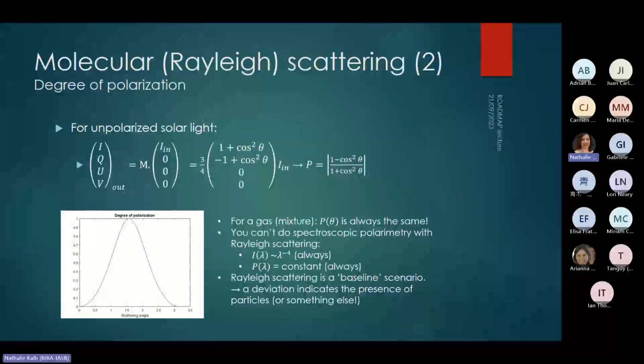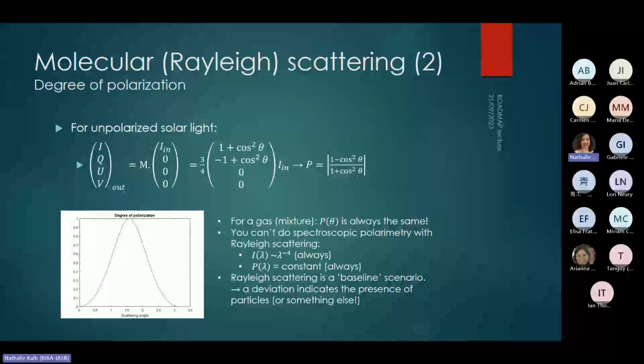The degree of polarization can be obtained from this Müller matrix for Rayleigh scattering by sending in incoming solar light that is unpolarized. You multiply it with the Müller matrix of Rayleigh scattering, you get this, and you derive the degree of polarization, which is purely a function of the scattering angle.